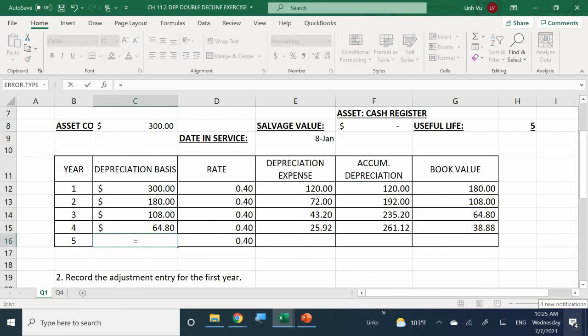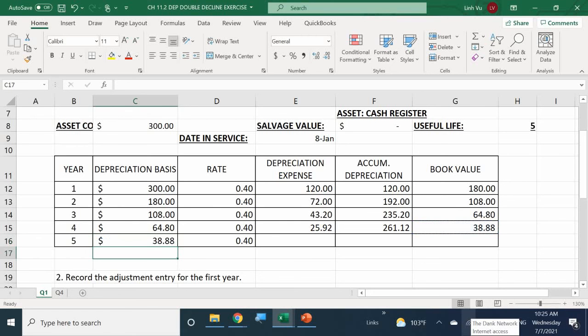Once again, we're going to carry this value over. So then what is going to be my depreciation expense for year 5?